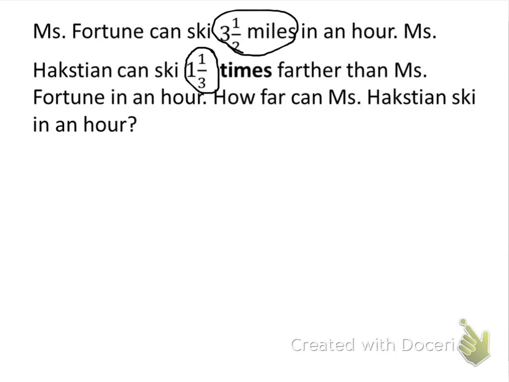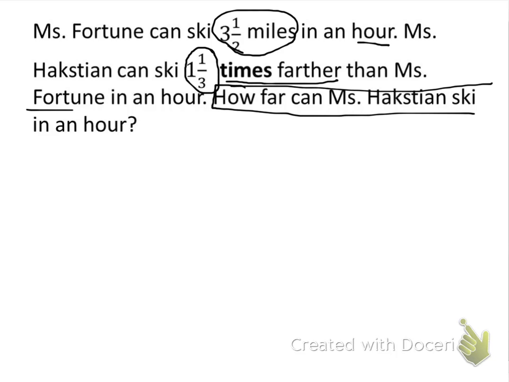You underline important math words. Say hour is an important math word. Times farther, very important. And then B, box the question. How far can Miss Haskins ski in an hour. And E, eliminate unimportant information. On this problem, we don't really have any, so we don't need to worry about that.